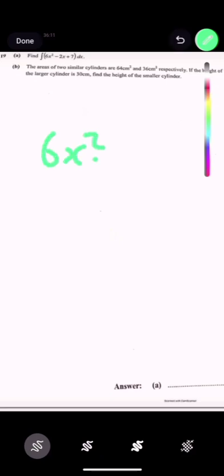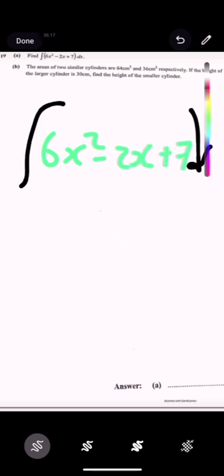We go to 19, integration. So we've been given 6x squared minus 2x plus 7, right? They want us to integrate with respect to x. Okay, so integrating, the formula is simple. If you have been given a number a, x, and power n, to integrate, the first step is you add 1 to the power.